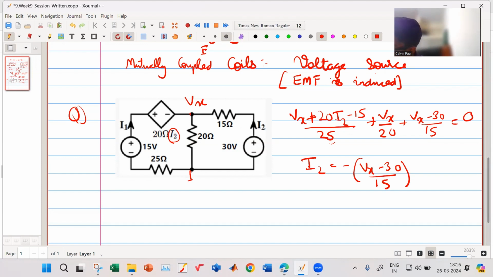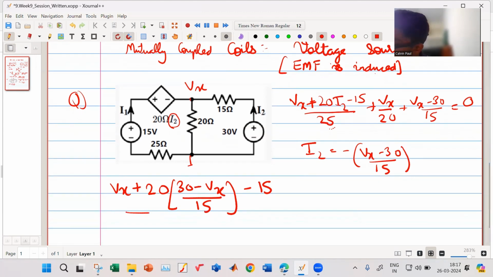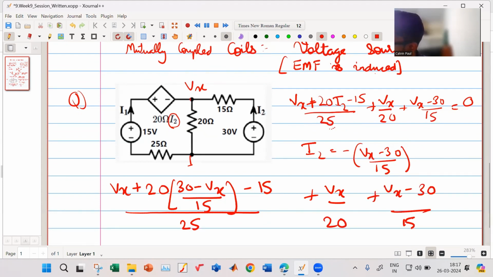Okay, so only I2 we have to substitute, right? So we have Vx plus 20 times I2, which is 30 minus Vx upon 15, minus 15 upon 25, plus Vx upon 20, plus Vx minus 30 upon 15 is equal to 0.